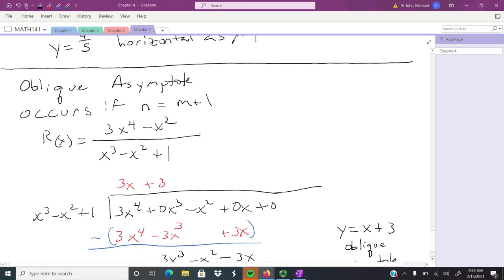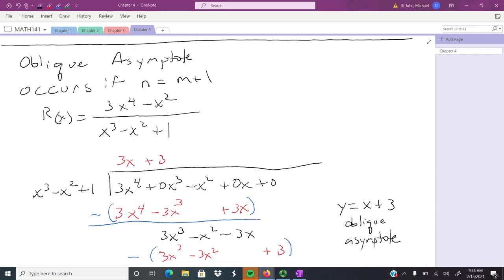Okay, so we want to graph this: 3x to the 4th minus x squared, divided by x cubed minus x squared plus 1. Let's go over to my graph.